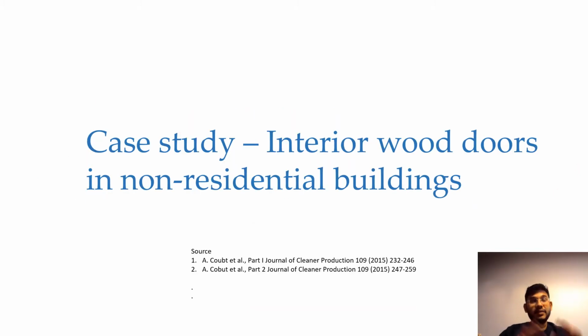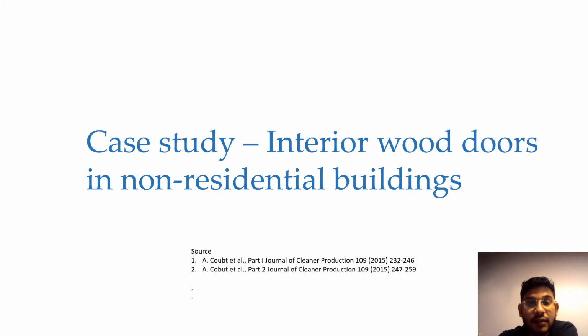Okay, having said all these things, what we have seen thus far is a definition of eco-design and the key rules of eco-design. We also took a zoomed-in look at longer lasting products and how we can challenge obsolescence. Let's take a closer look at a case study.